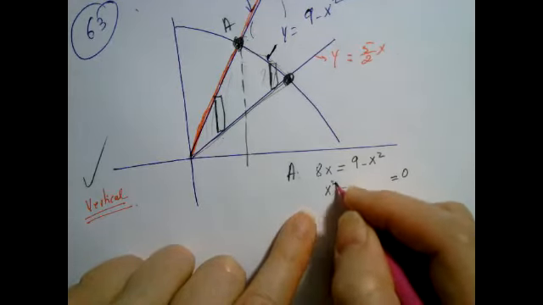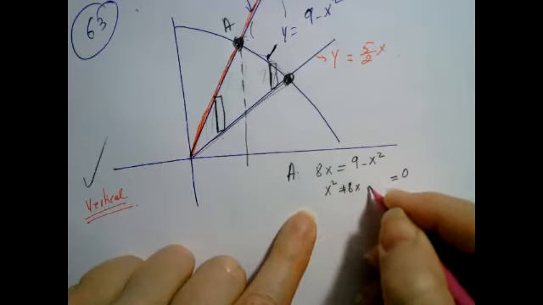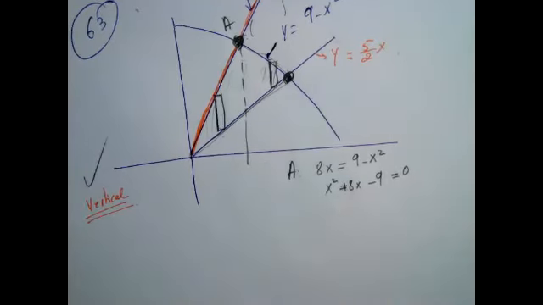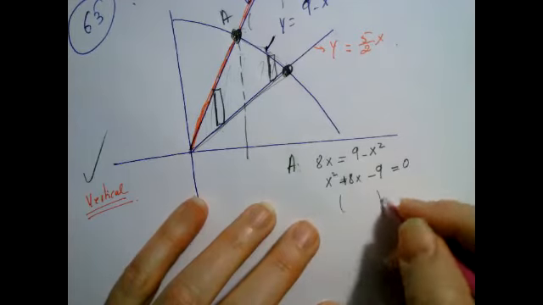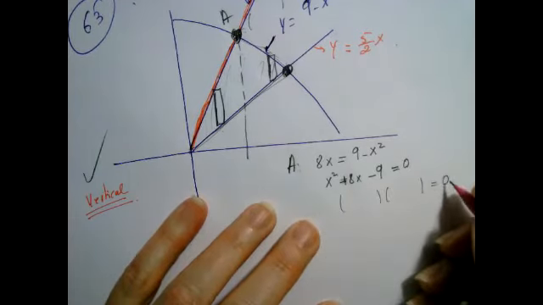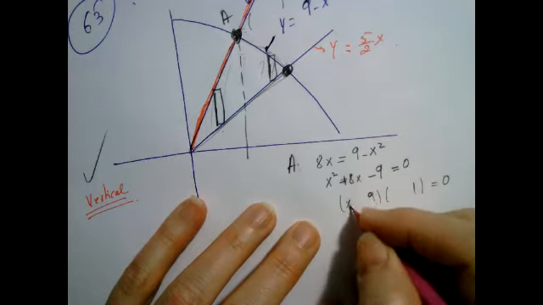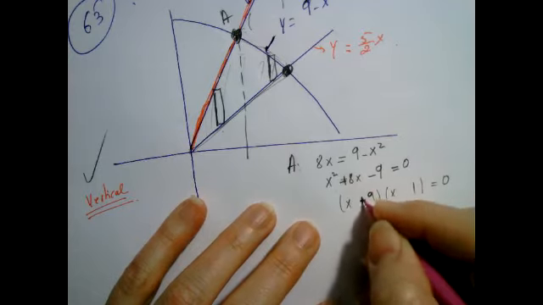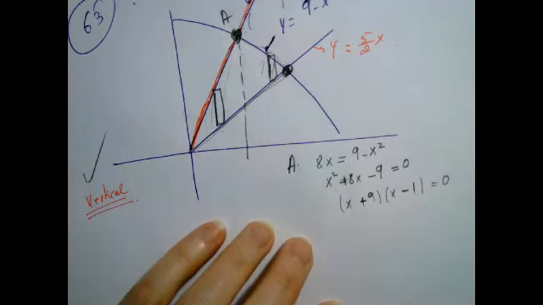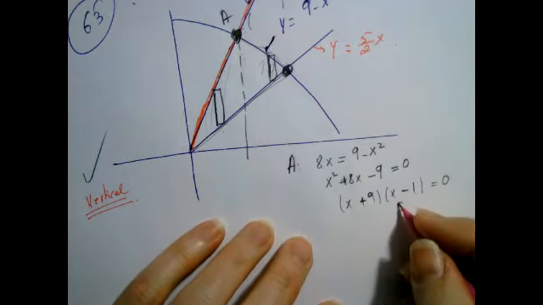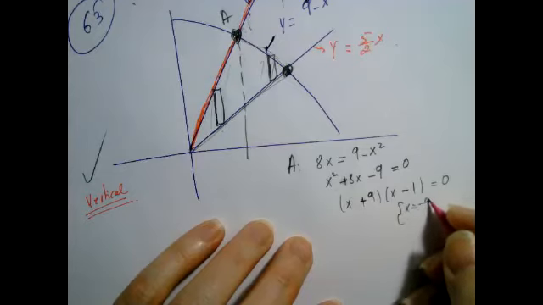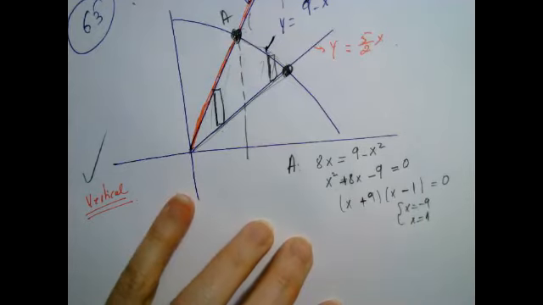So I will have x squared plus 8x minus 9. And of course, this is going to give me a 9. So that should be a 9 and a 1. And an x and an x should be a plus here and a minus here. Okay, so this is going to give me x equals minus 9, x equals 1.